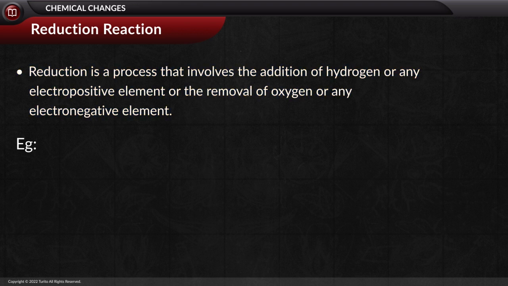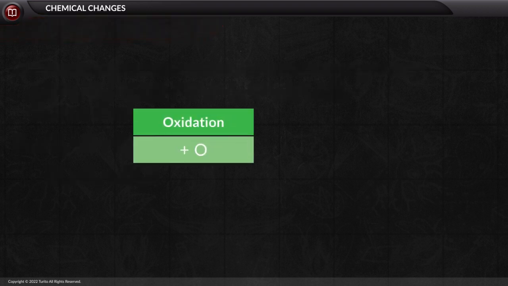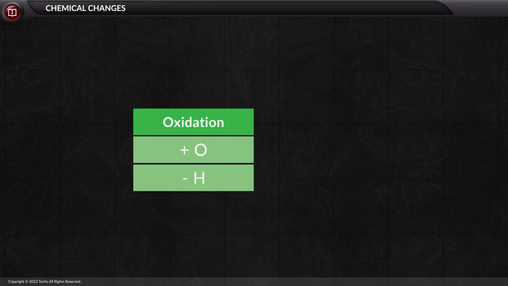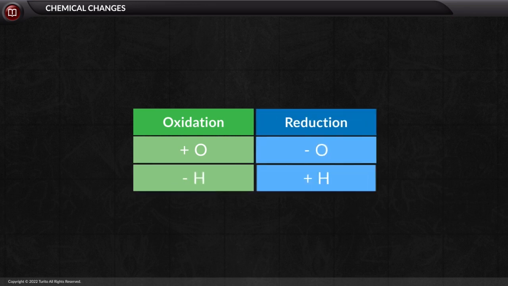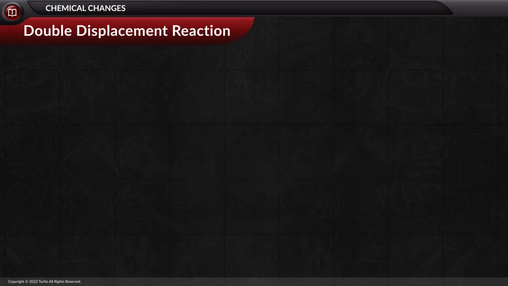For example, from SO2, oxygen is removed to form S, and to oxygen, hydrogen is added to form water. We can summarize these two reactions as: oxidation means addition of oxygen or the removal of hydrogen, and the opposite is the reduction.